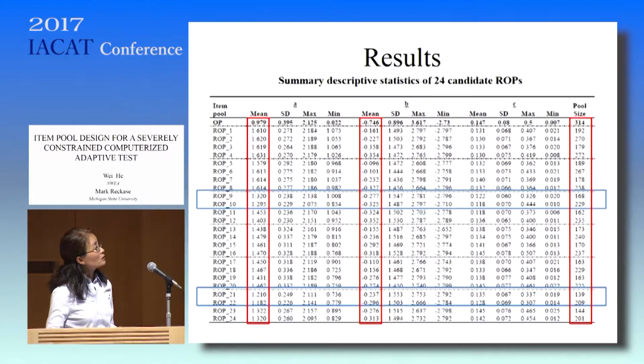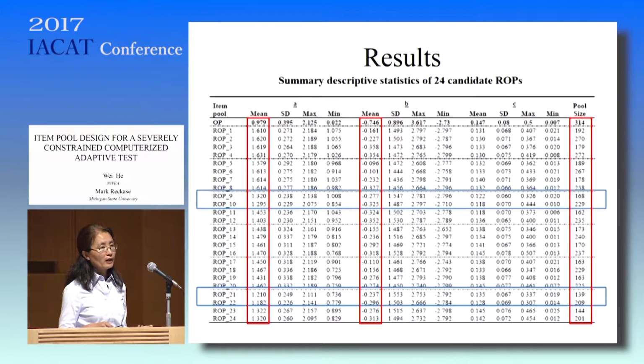From this table, you can tell that the candidate item pool size is much smaller than that of the operational item pool. Also, both average A and B parameters for the candidate item pools are slightly higher than those of the operational item pool. We also found that the B beam width and the expected item information change actually have some impact on the item pool size.